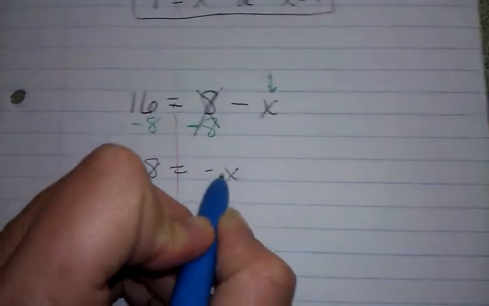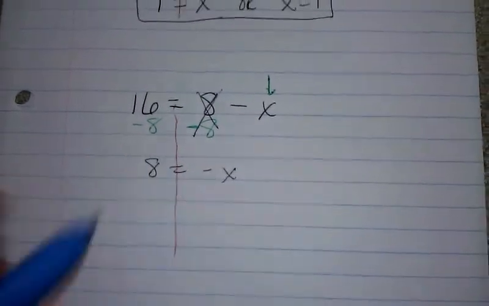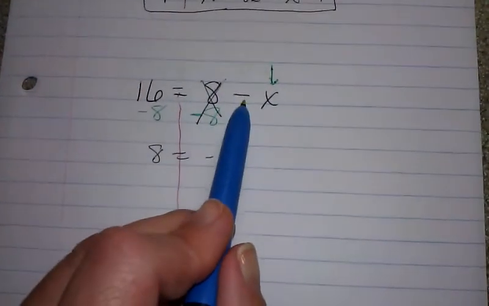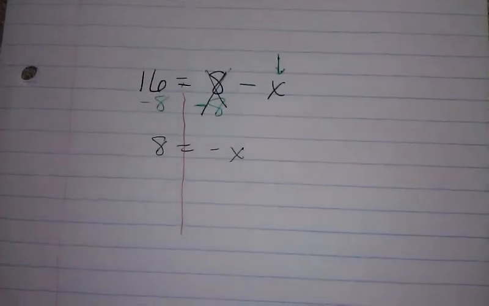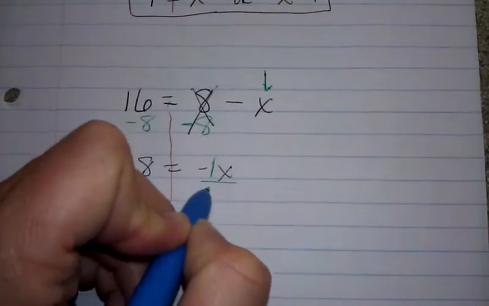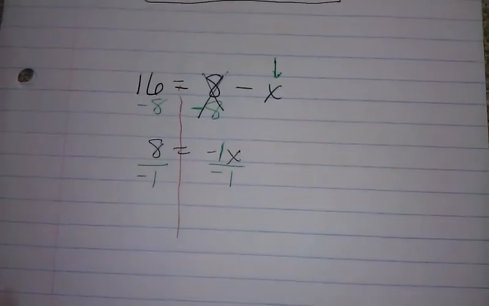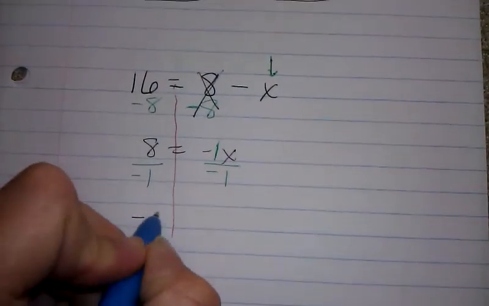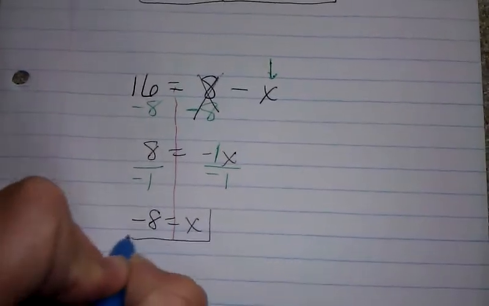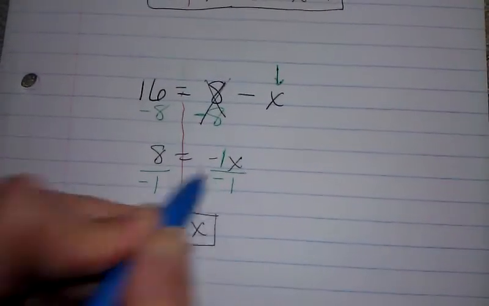Do not forget that minus. Well, kind of minus an x or negative x, but don't leave that off. Well, this is negative 1. I have to divide each side by negative 1. 8 divided by negative 1 is negative 8 equals x, because this is a negative divided by negative, which is a positive.